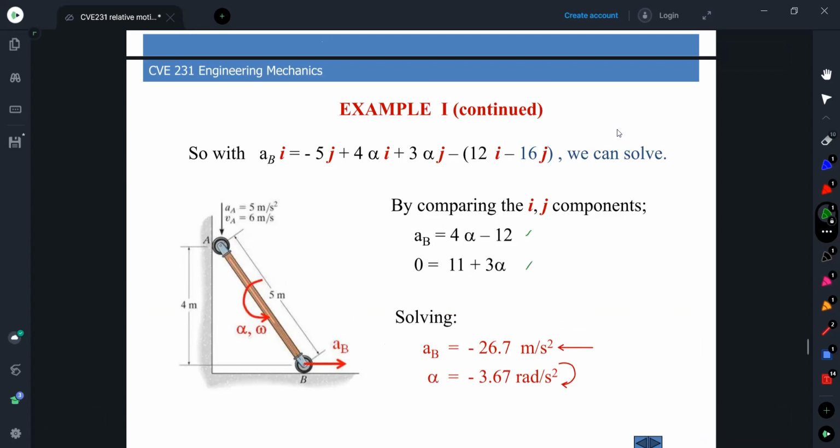After that, we can solve for the unknowns: AB is equal to minus 26.7 meters per second squared, where the minus sign means it goes to the left, and alpha is minus 3.67 radians per second squared, which is clockwise. Okay, let's complete this problem.